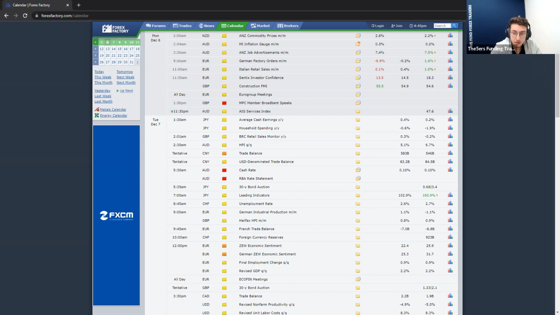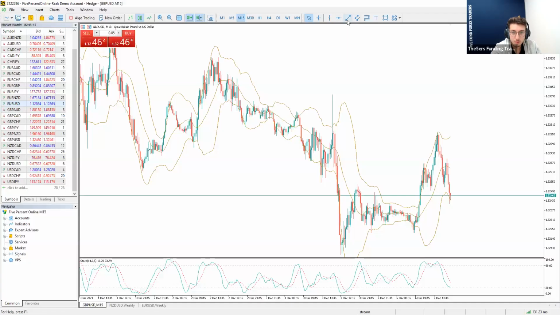Maybe it affected the market a little bit more. What actually happened on the pound? The market moved up this morning, and then we retraced everything, making a head and shoulders on the M15. Look, it's probably what happened in the morning.